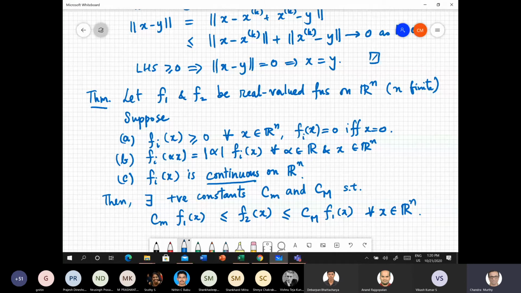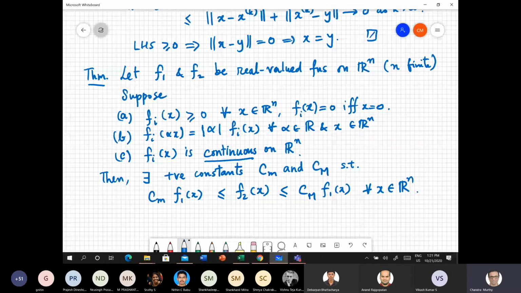Translating this into norms, what this is saying is that if you take a different norm, the second norm of x is sandwiched between some constant times the first norm and some other constant times that same first norm. So that is this result. So the proof goes like this.